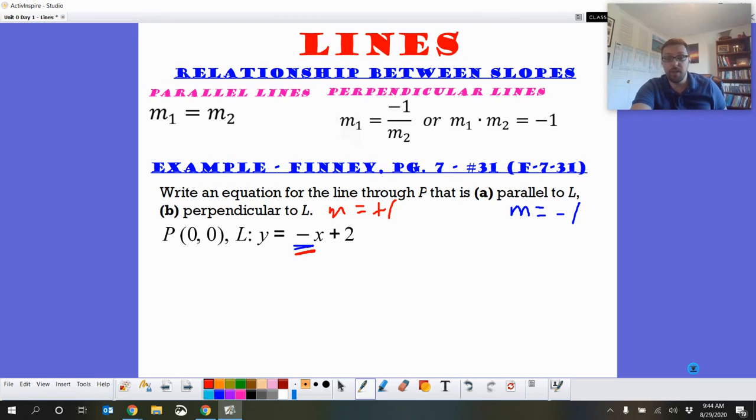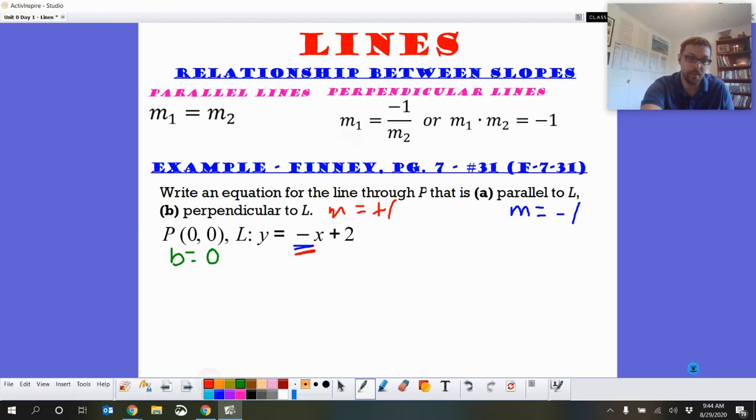Now it said write an equation and it's got to go through P, and P is at 0. So that is a y-intercept. So I can just use that to write my two equations. The b for both of these equations is going to be 0.